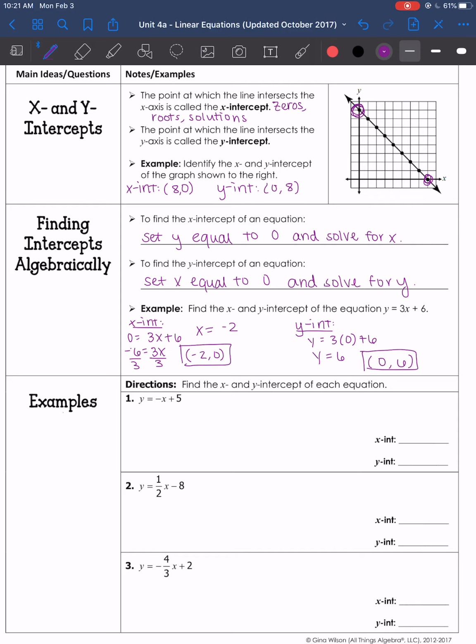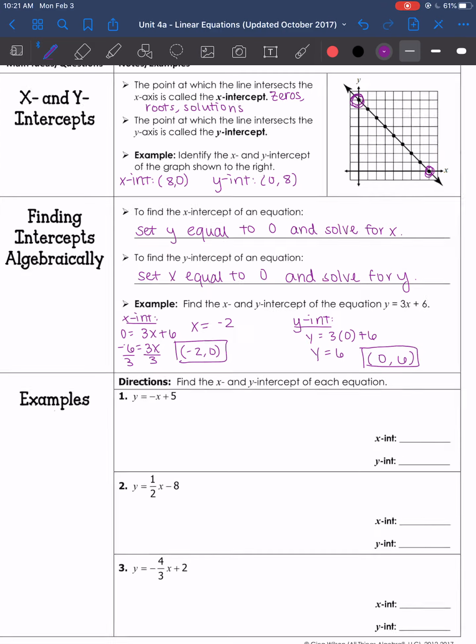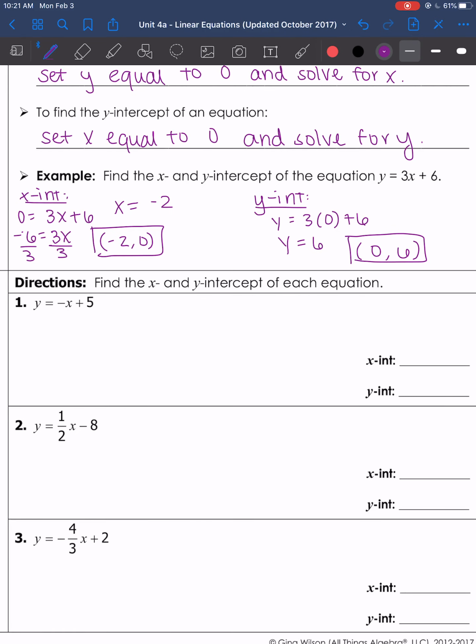So let's do the odds. We want to find the x and y intercepts of each equation. So we're going to do the x-intercept, where y is 0. So negative 5 equals negative x, and divide by negative 1. x equals 5.